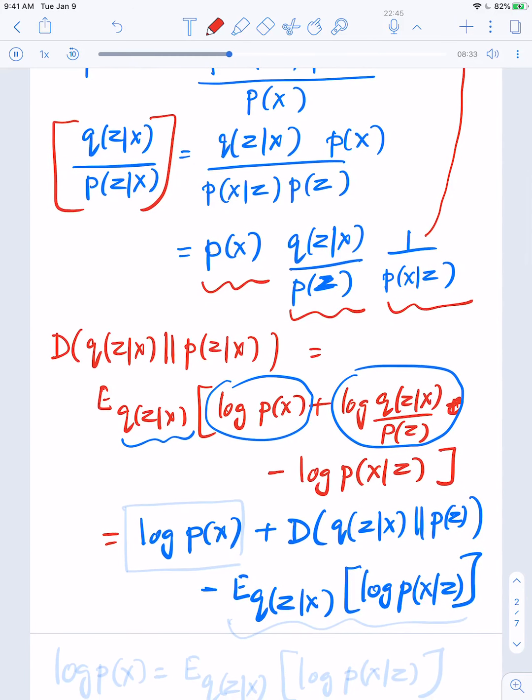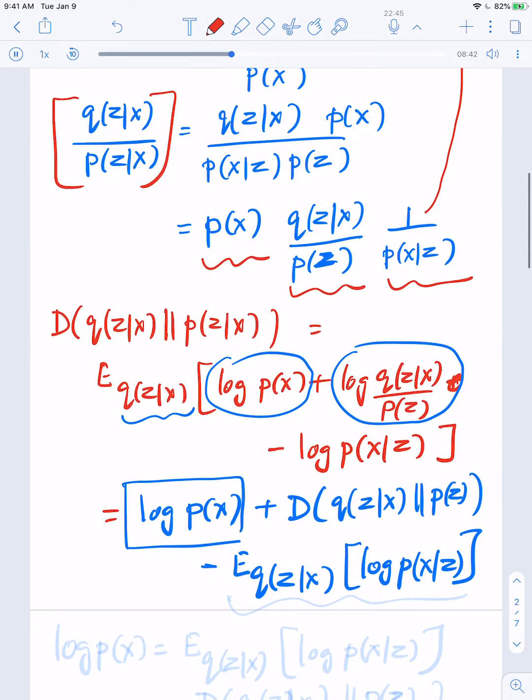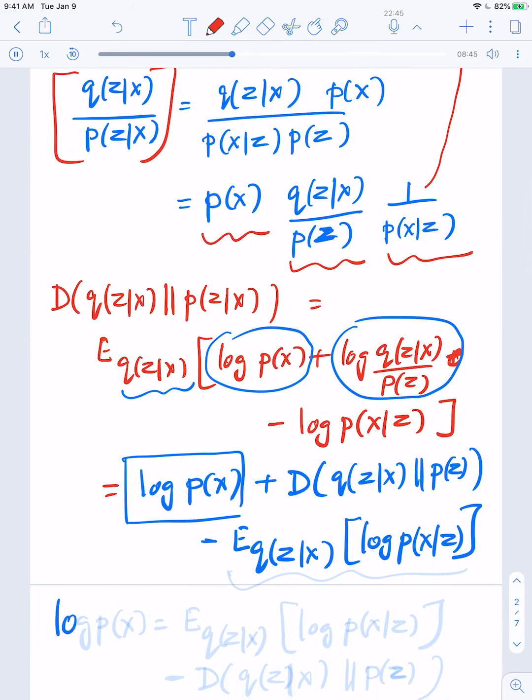And now what I'm interested in is maximizing the likelihood function. So let me write the likelihood function in terms of these other quantities. I get that log of P of x is, taking things over to the other side, the expectation, let me emphasize, using the Q density of the log of the P of x given z term, right?